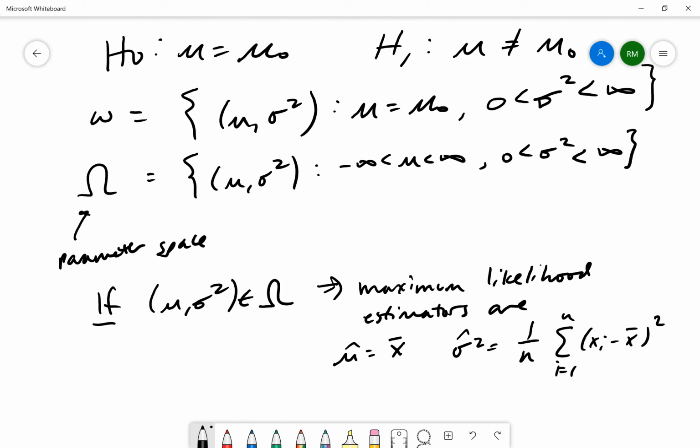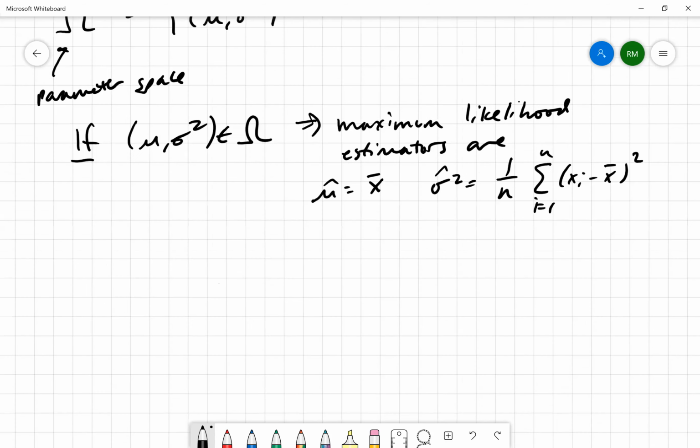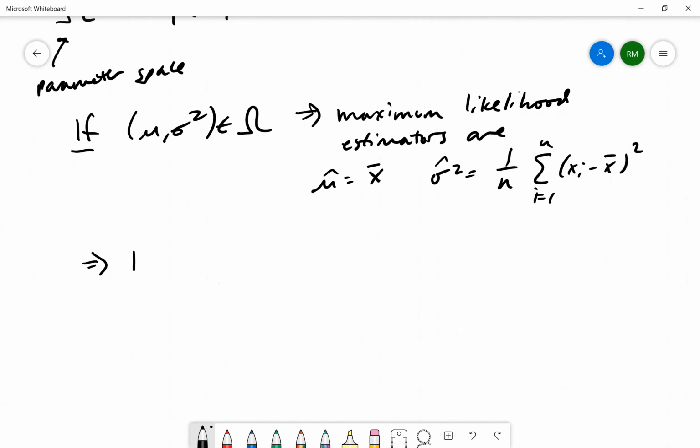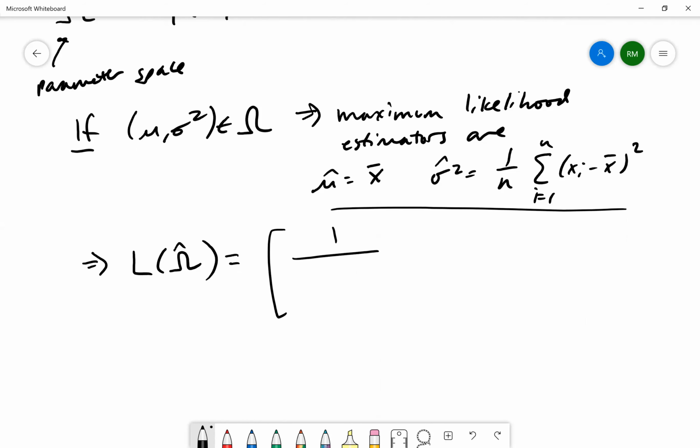Okay, so what does this tell us? This tells us that if I plug this into our equation for the joint PDF, it's going to look bad. So bear with me for a second.